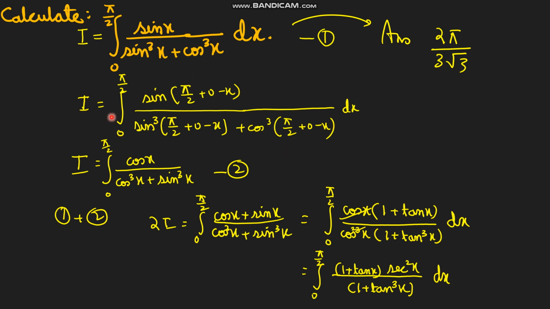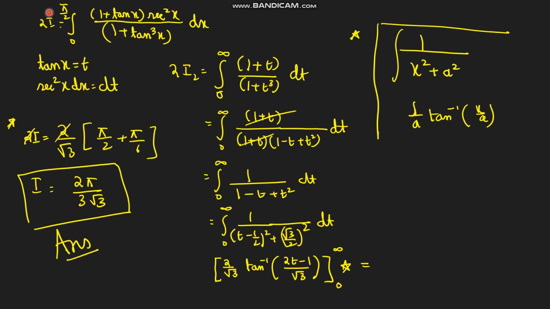Solving this, I got cos x by cos cube x plus sin cube x. Adding I and I, we get 2I. Now I took cos common out of the numerator and cos cube out of the denominator, so cos and cos cube cut to give cos square, which went up to give sec square x dx. I have 1 plus tan x and 1 plus tan cube x here.